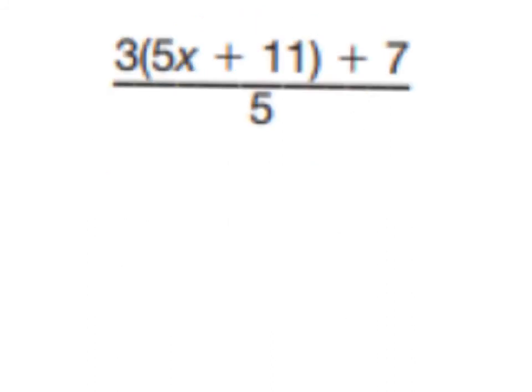Okay, so now we have a problem that looks similar to a fraction, but we all remember that fraction problems are just the exact same thing as division. So on this problem, we're going to do distributive property first because we need to simplify the top before we can think about dividing. So 3 times 5x gives me 15x, plus 3 times 11 is 33, and then we can put the plus 7.